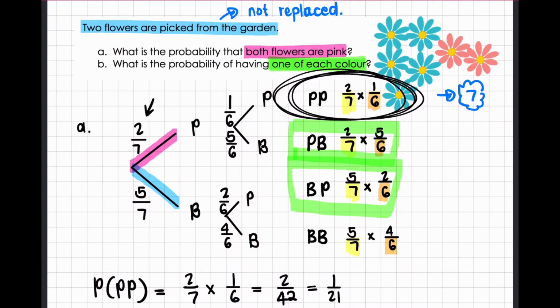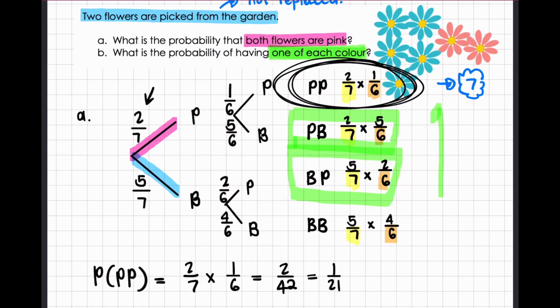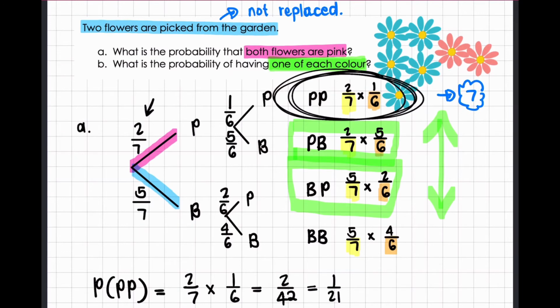They just said that what is the probability of having one of each color. Now, as you can see over here, if there are multiple probabilities that fulfill this condition, then I'm able to add them together, because now I'm working top to bottom, which means I'm going to add the 2 together.